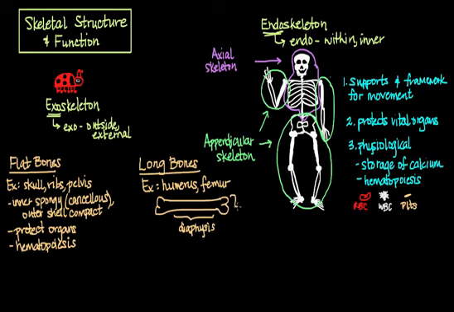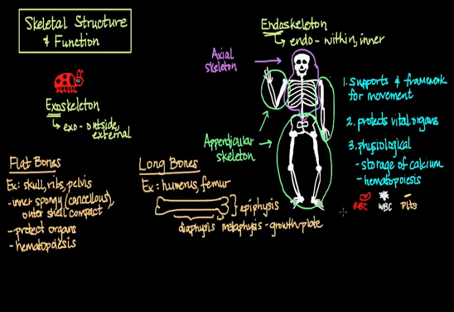And then the end of a long bone is called the epiphysis. And there is the small area of bone in between the two, or in the middle of the diaphysis and the epiphysis, is called the metaphysis. And the metaphysis contains the growth plate, which is present in the long bones of children.